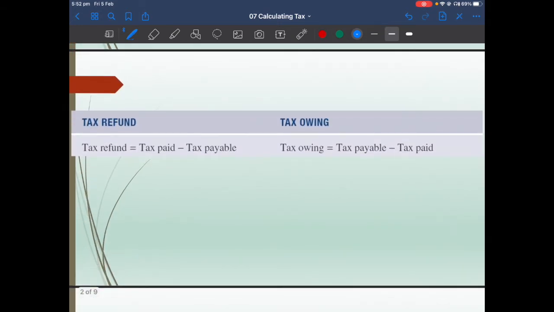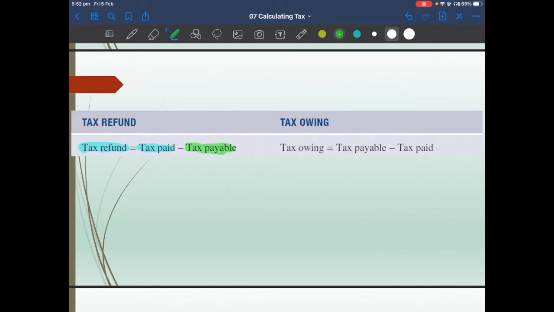So you may have heard these terms before, mainly probably this one, tax refund. Basically what happens is, as we looked at in our last lesson, it's very common for your employer to take tax out of your pay before you receive it. That means by the time you get to the end of the financial year and you have to reconcile your tax for the year, you have likely paid more than you are required to. Your tax paid is probably bigger than the tax that you are required to pay.